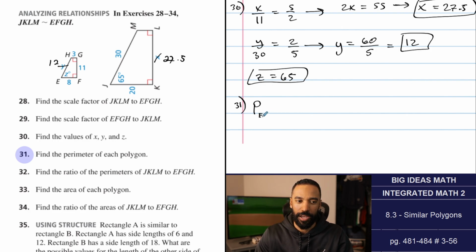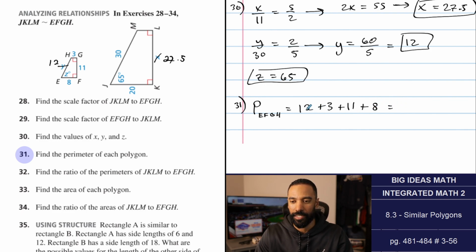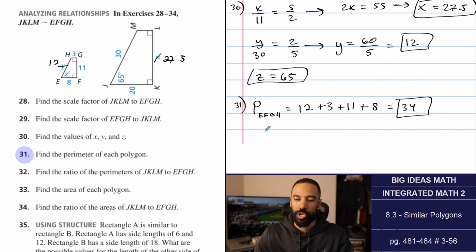This is the perimeter of EFGH. We're going to just add 12, 3, 11, and 8, and you get 15 plus 19, which is 34. 34 units.